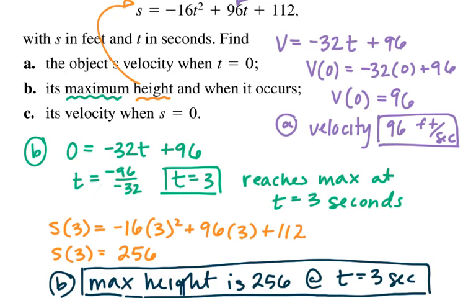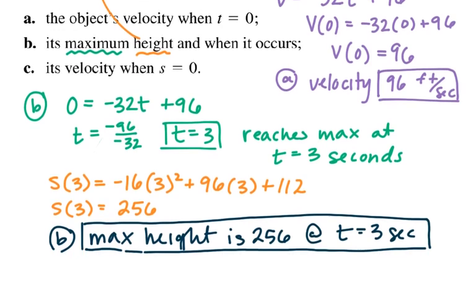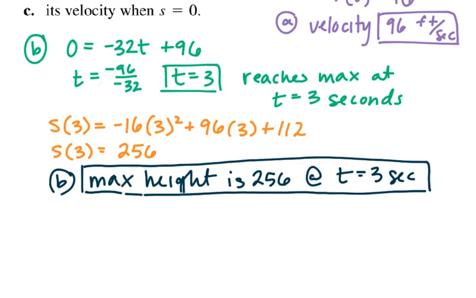So part C here says that we need to find the velocity when the position is equal to 0. So that clearly says set s equal to 0. So we've got 0 equals negative 16t squared plus 96t plus 112. So we need to solve this equation.